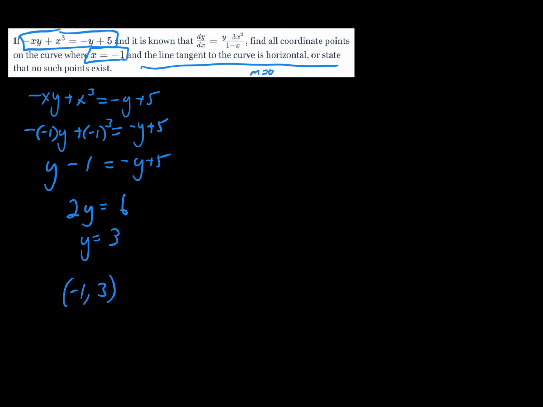That's fine, but we still don't know if it is horizontal. We know this is a coordinate when x is -1, but let's see if it has a slope of 0. dy/dx was given to us, and 1 minus x. So let's find the slope of the tangent line. What is dy/dx evaluated at (-1, 3)?